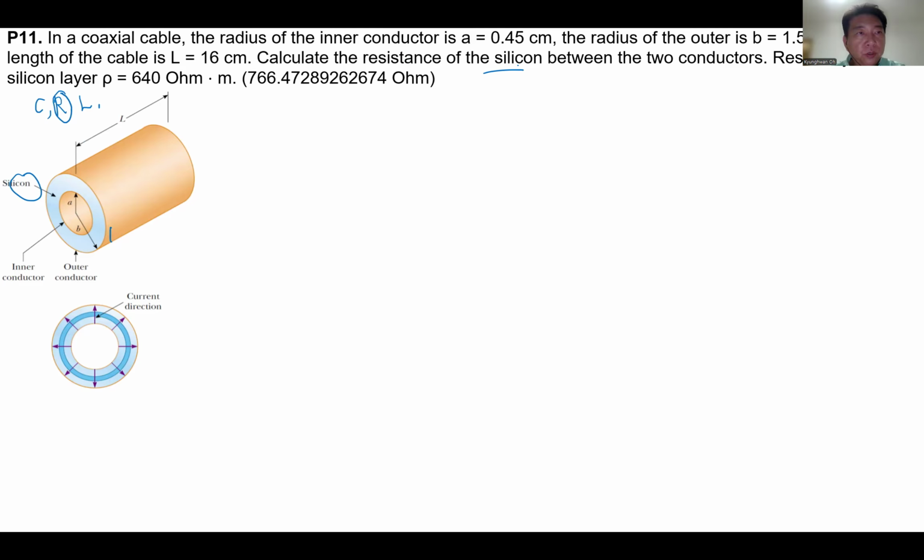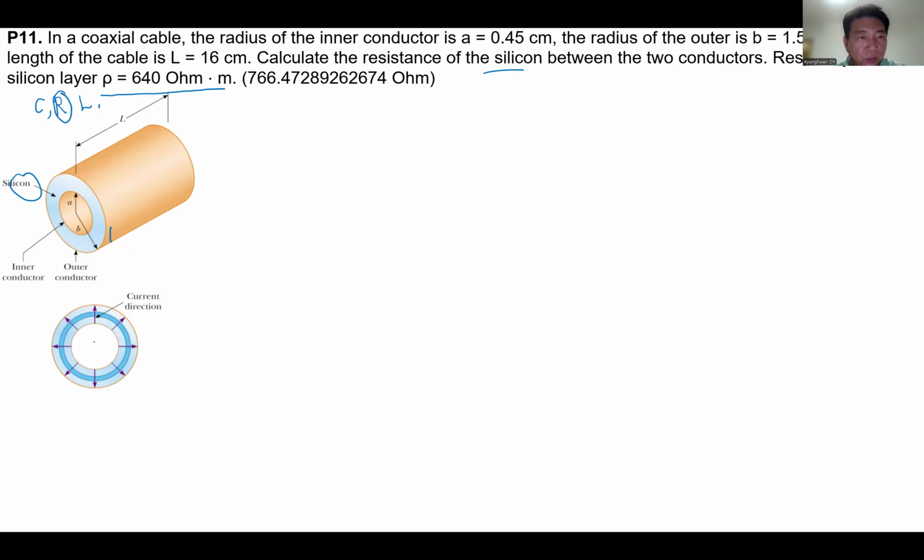Resistance, a silicon layer has this resistivity. So what is happening here is that from the center conductor to the outer conductor, there is a current flowing. This is the very important setting.